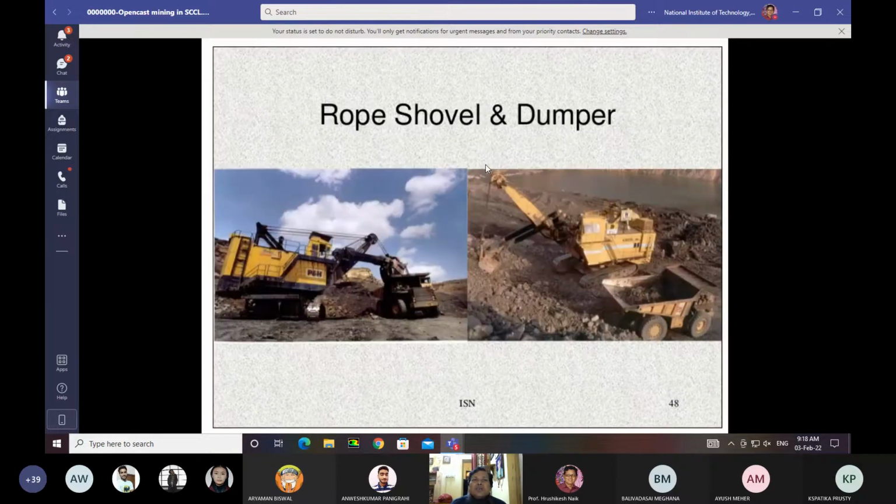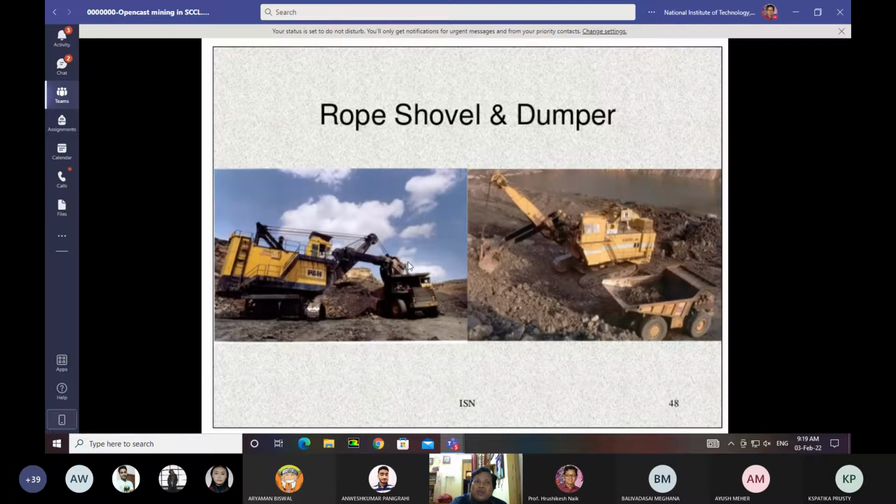So this is a diagram showing the rope shovel and the dumper. The rope shovel is loading the material to the dumper. This is the rope shovel. Why is it called a rope shovel? There is a rope attached to the shovel, attached to the bucket.